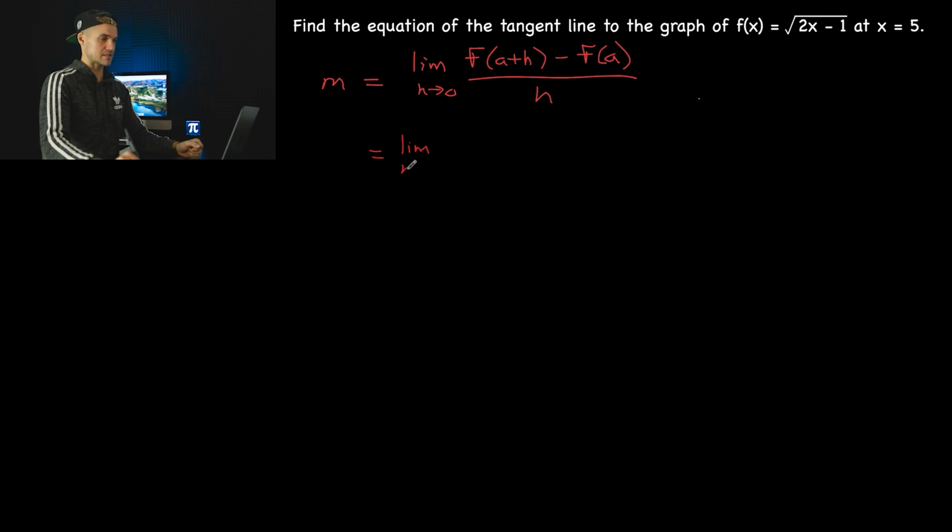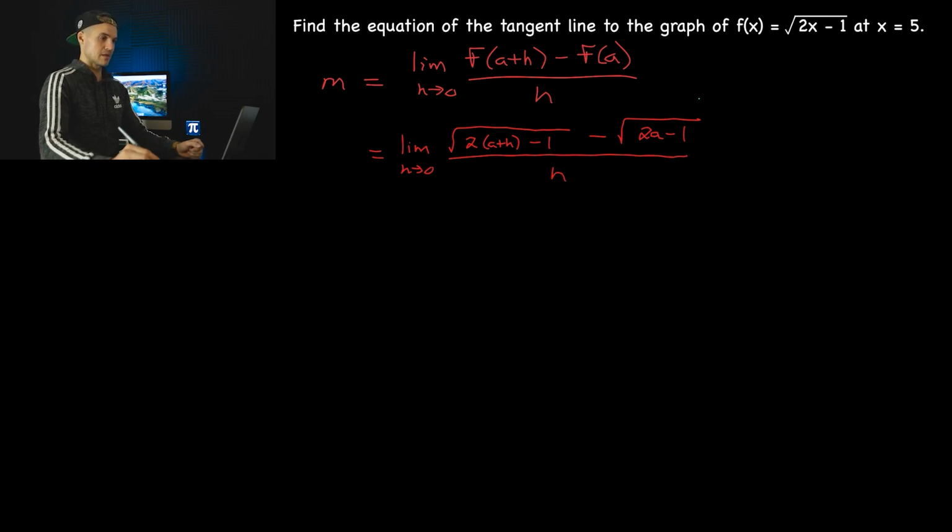So we'll have the limit as h approaches 0, and then what we're going to do is plug in a plus h for the x value. So that would be root 2 bracket a plus h minus 1 minus root 2a minus 1, and then that is all over h.